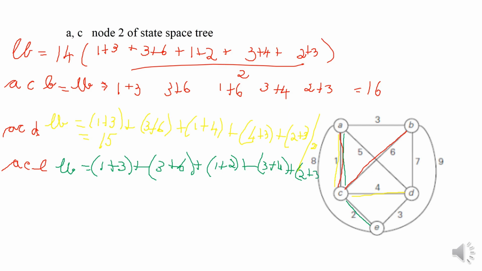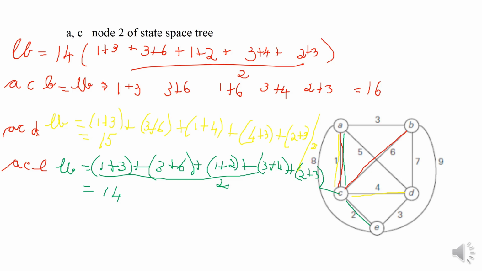Each time you ensure that the selected edge has to be there. In this case, it was the least one, so it is also present. This whole value divided by 2, so we get the lower bound for ACE as 14.